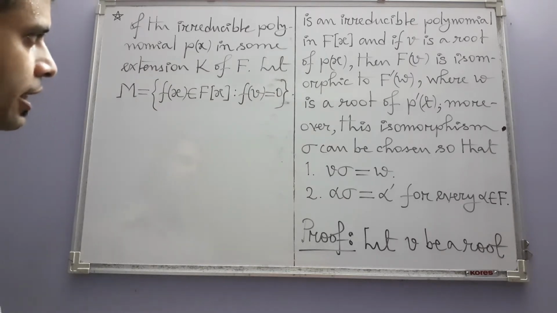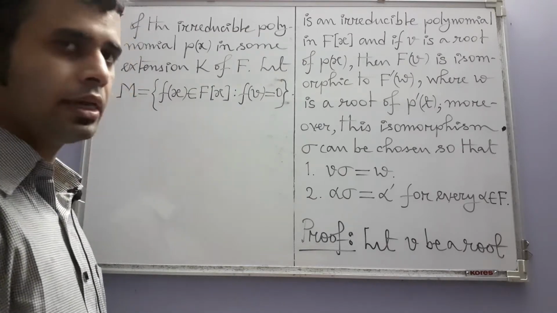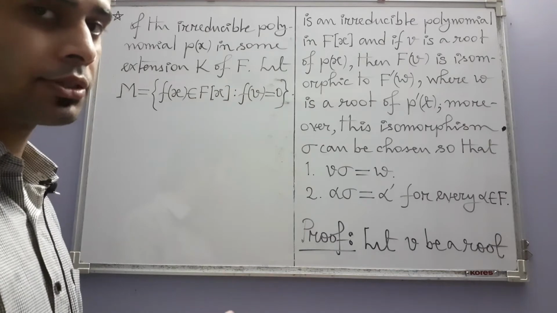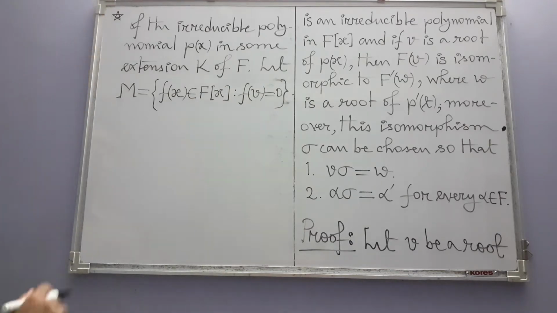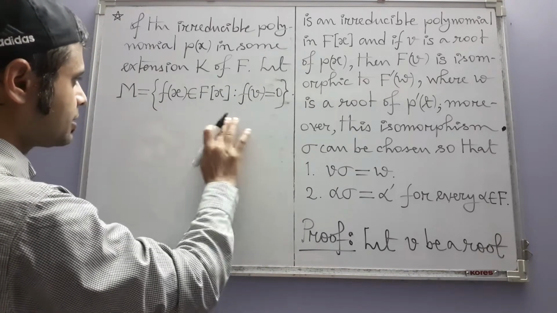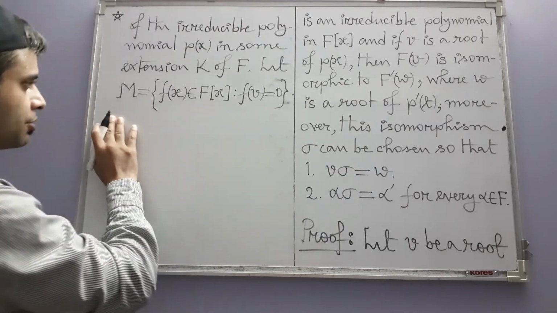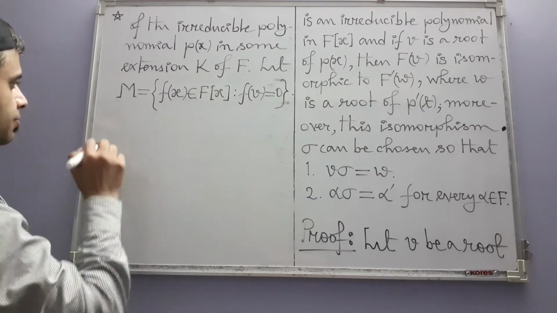Now the next observation is that this M is going to be an ideal of this polynomial ring. That's what we want to show. The author has simply mentioned that this is an ideal, but we are going to still show this.